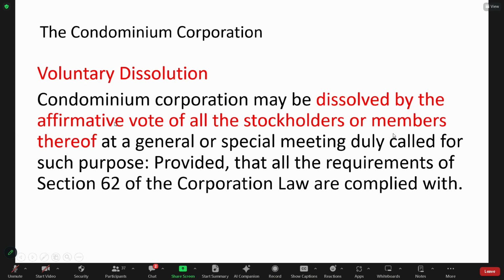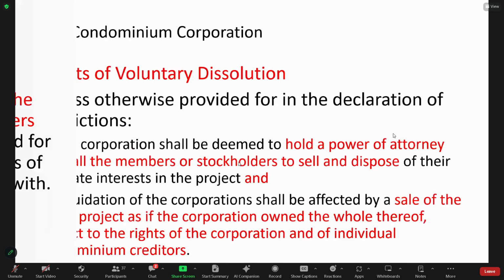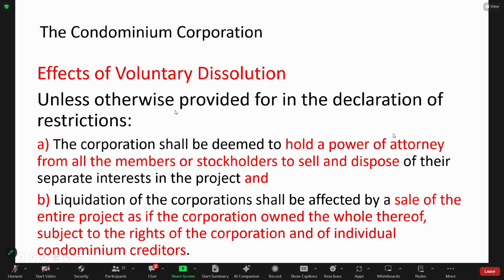Kapag voluntary dissolution daw, kailangan ng affirmative vote of all the stockholders or members. Ito yung sinasabi ko. So kapag ibebenta ng buo, dapat lahat agree. Effects of voluntary dissolution.